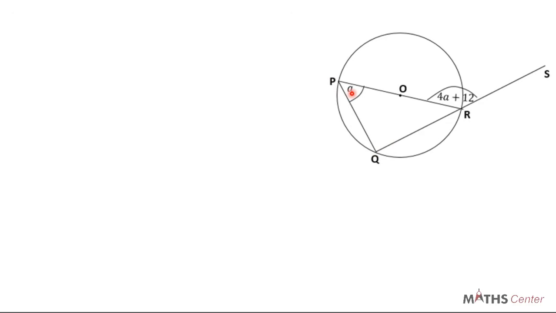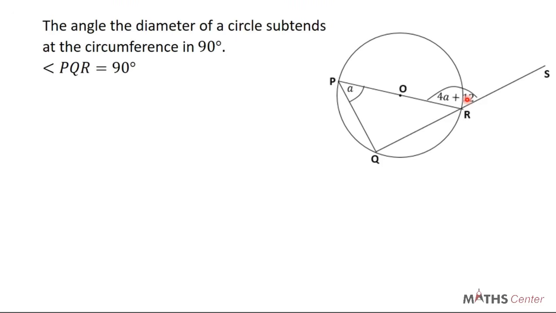The question told us that this angle QPR is A. Then this exterior angle here of the triangle is 4A plus 12 degrees. So you are supposed to find the value of A. Now we know that the angle that the diameter of a circle subtends or creates at the circumference is 90 degrees.